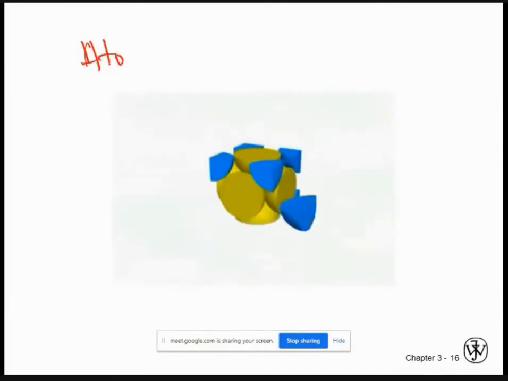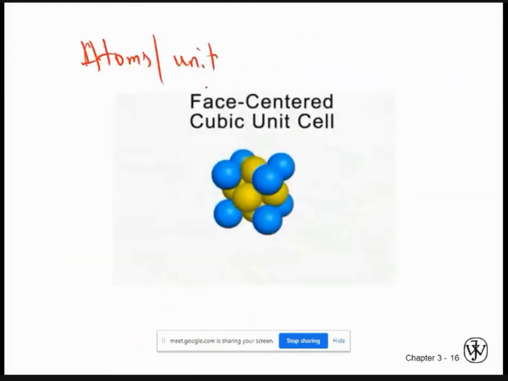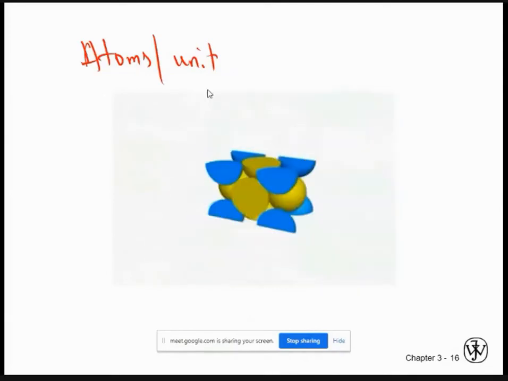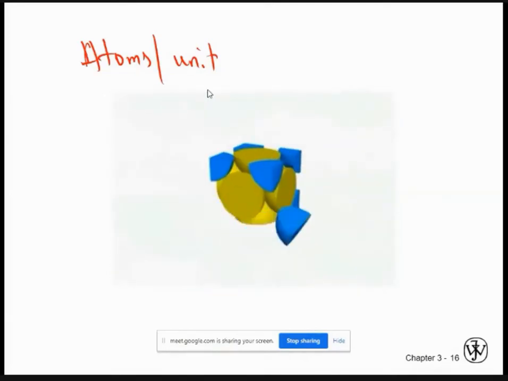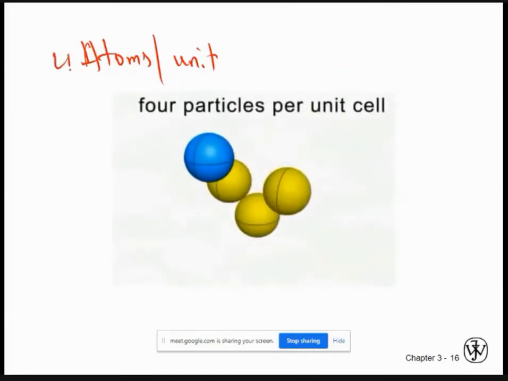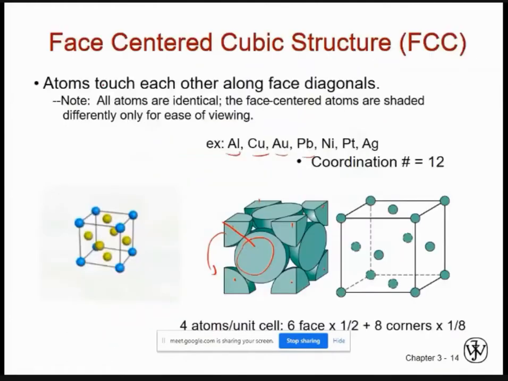How many atoms do we have in an FCC unit cell? Let's watch it again. Actually, pick out the excess part outside the unit cell, and that's it. And sum all of them, we will have 4 atoms per unit cell. Just move to the previous slide.